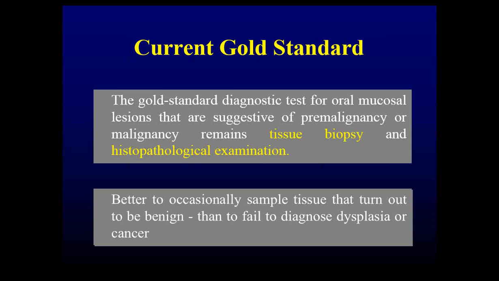It has been said over and over again, and established by research as well, that an occasional sample tissue that turns out to be benign is better than not doing a biopsy to establish a definitive diagnosis. So it is always good to take a biopsy whenever you are in doubt rather than not to do it.